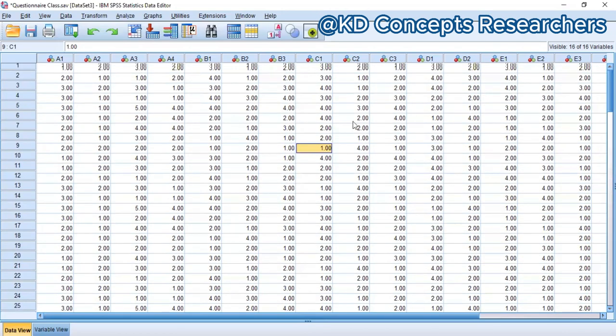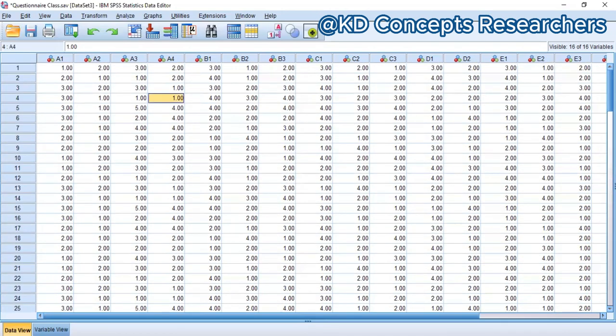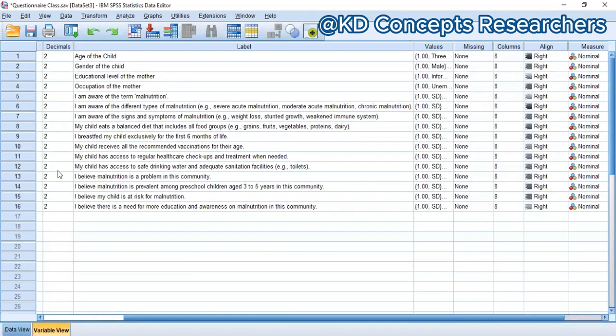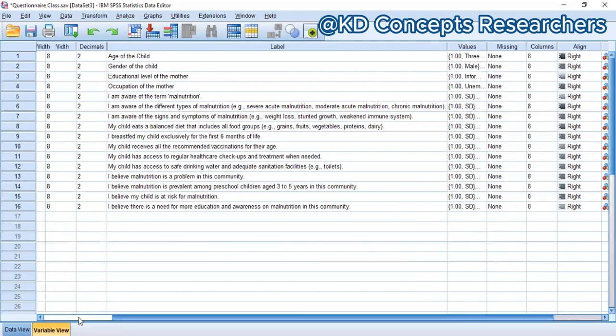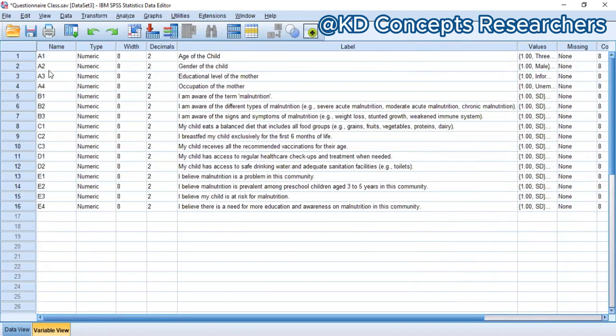For this survey, we are using a questionnaire, and this questionnaire has about 16 questions all entered into SPSS, starting with the demography, which takes care of our section A. We also have section B, section C, D, and section E, and every question entered.